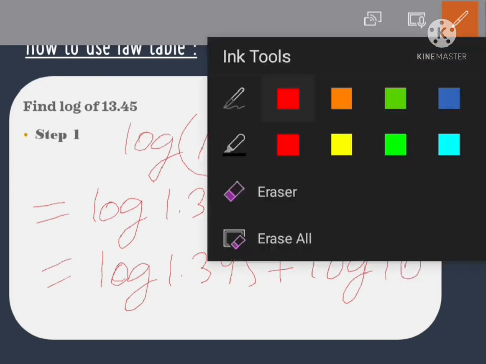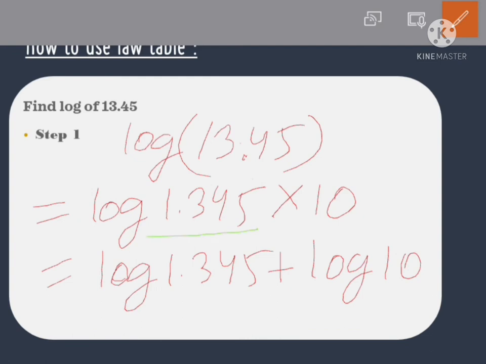And you must note one thing here, that this number should be between 1 to 9. So I can find the log of this value using the log table, and here log of 10 to base 10, I know that this will be 1, because 10 raised to the power 1 is 10.